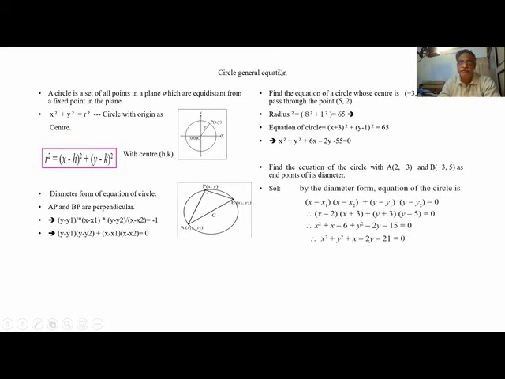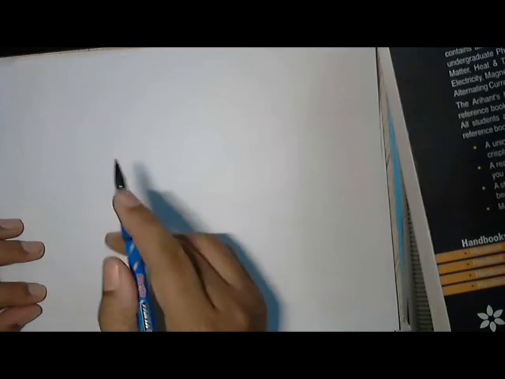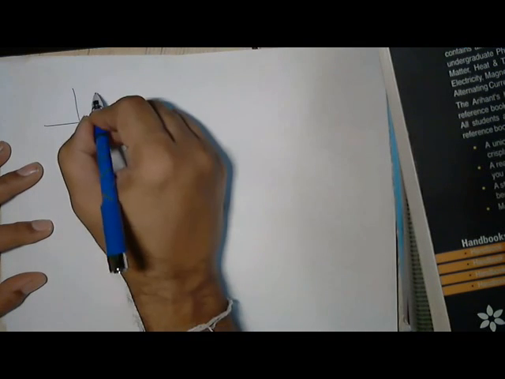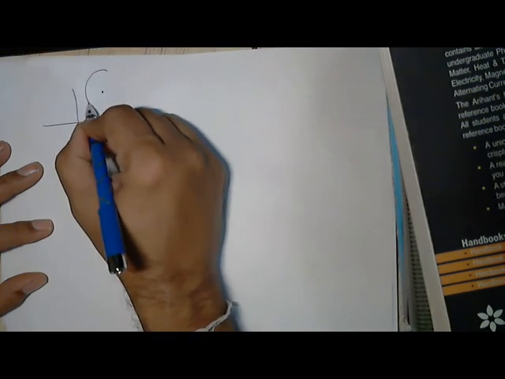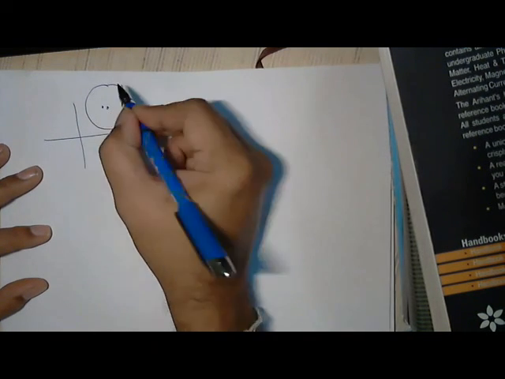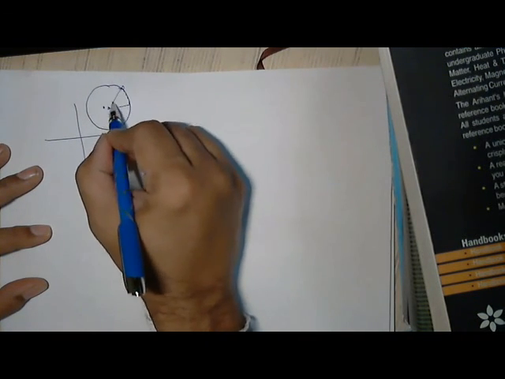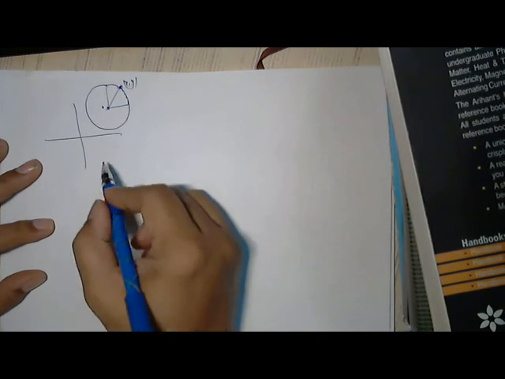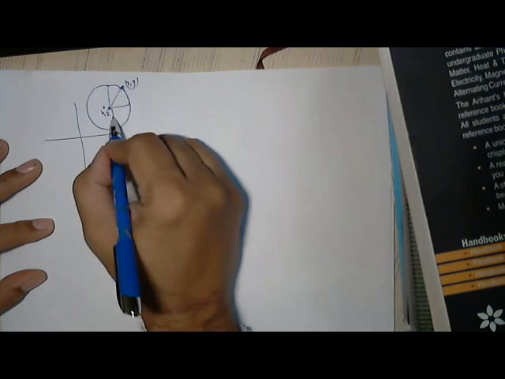Let us see this. Suppose this is my original origin. The second origin is here. This is the circle. This is the center. So let us take any point on the circle, (x, y). Here is (h, k). Then what is this distance?